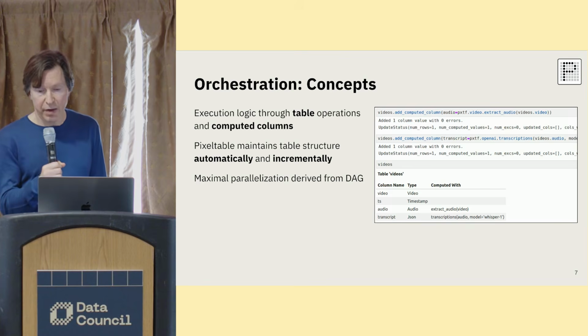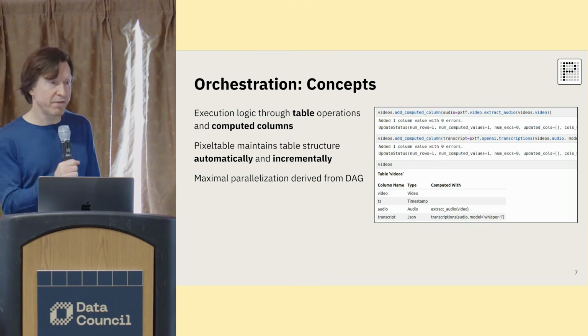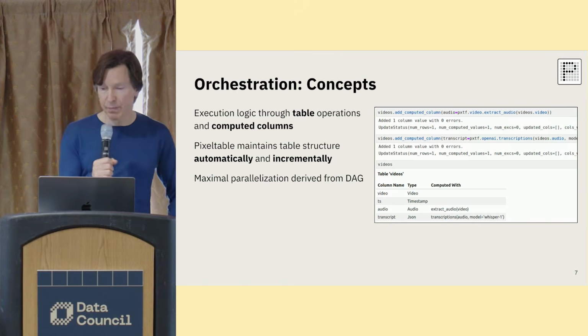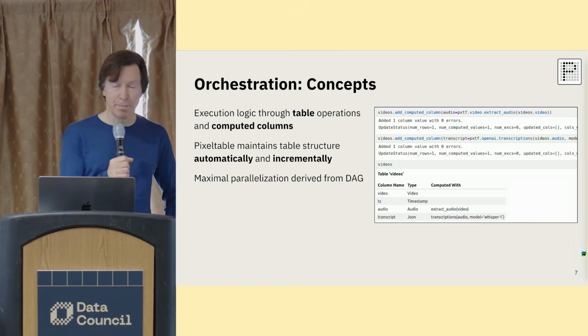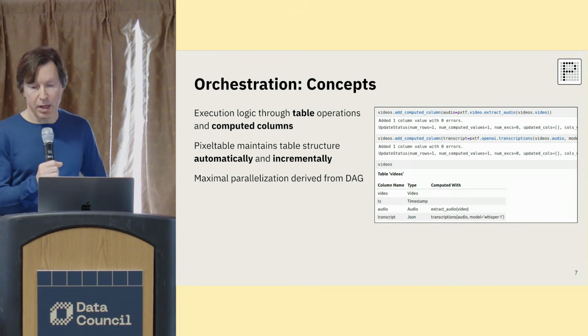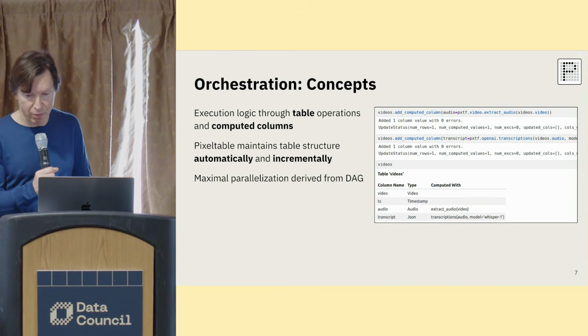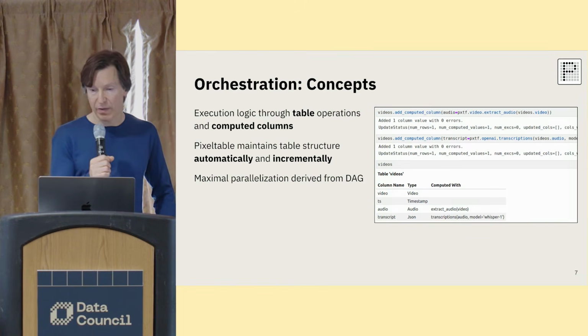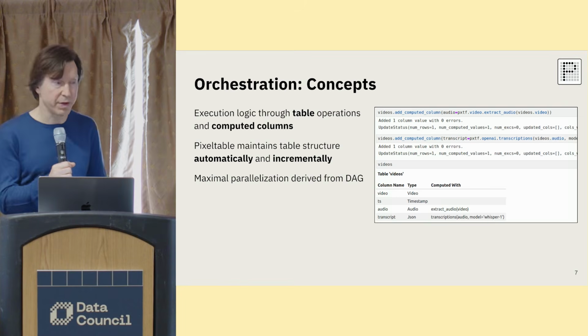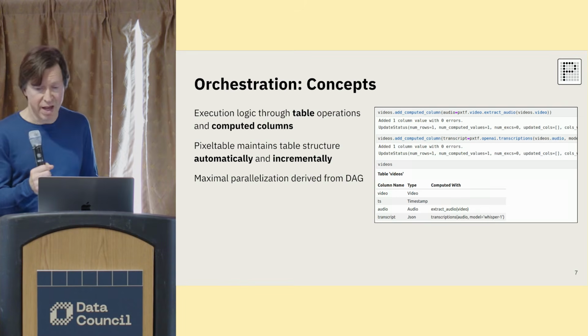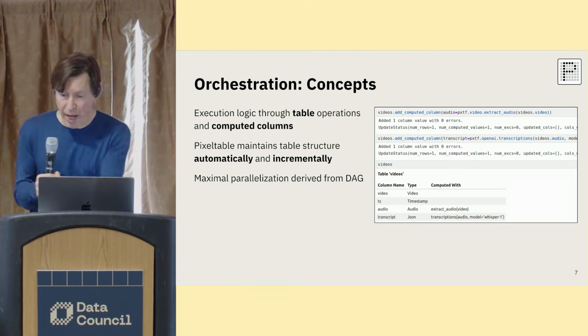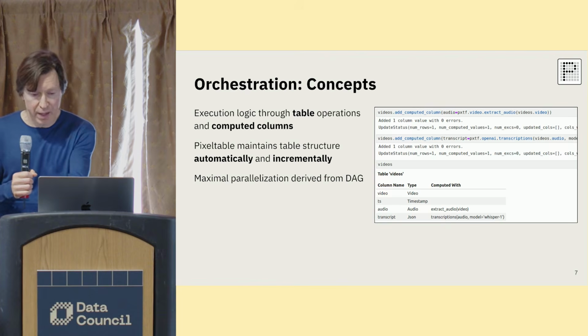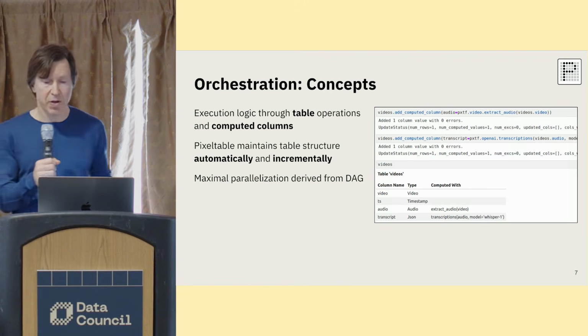On the right-hand side, we have two examples. First, you want to extract the audio from the video you just put into the table. As I mentioned, there's a whole host of built-in integrations with local packages, one of which is PyAV. You can get the audio out of your video by calling this extract audio function, a UDF, applying it to the video column and assigning it a new column name called audio.